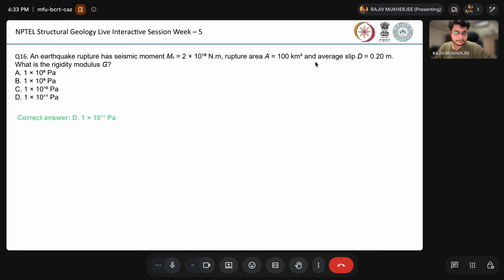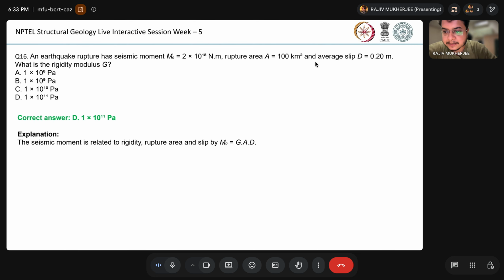So I will pause for a minute, let you think. Okay, so the correct option is D, 10 to the power 11 pascal, that means 100 GPa. And the explanation is that the seismic moment is related to the rigidity modulus, rupture area, and slip by this formula. Moment is equal to modulus times area times slip.